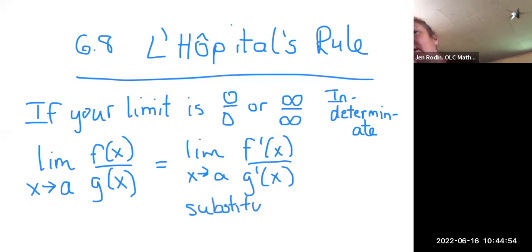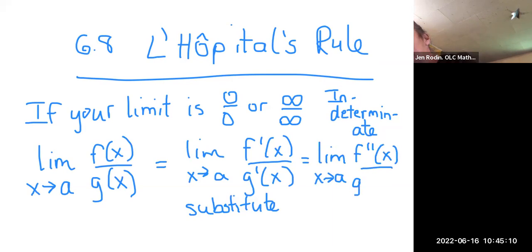And if you get an actual number that's not indeterminate, that's the answer. Sometimes that doesn't work either. So you go one more step, but you won't have to go more than one extra step: the second derivative over the second derivative of the bottom. If you can substitute a value into that, that'll work too.